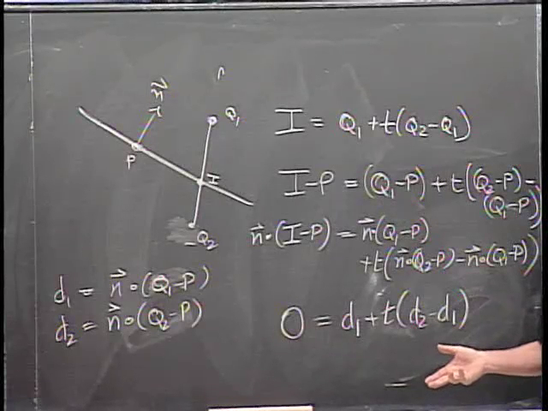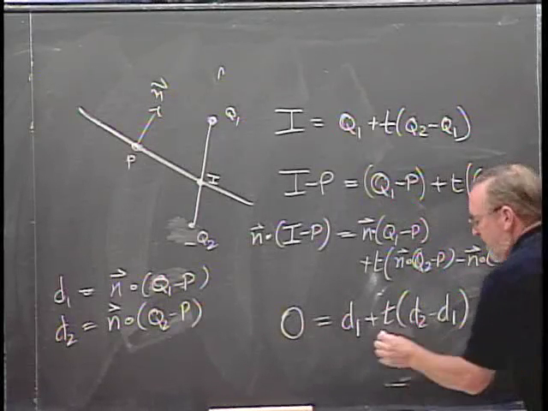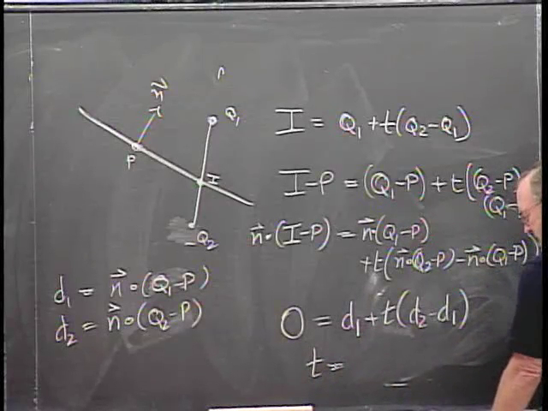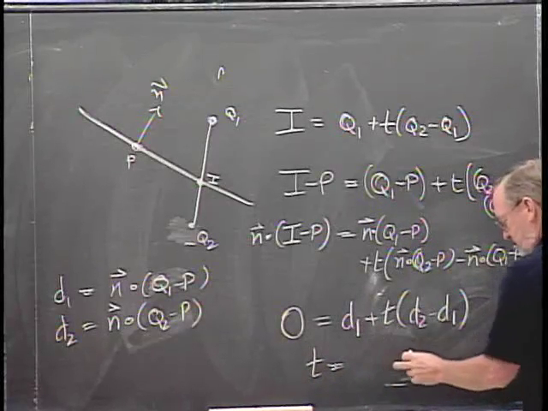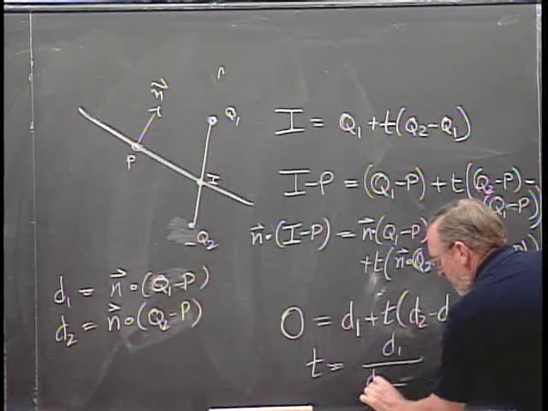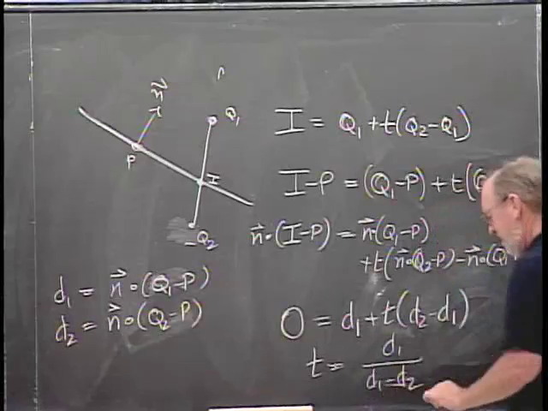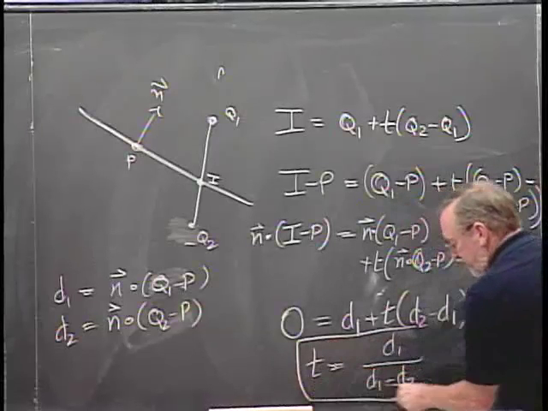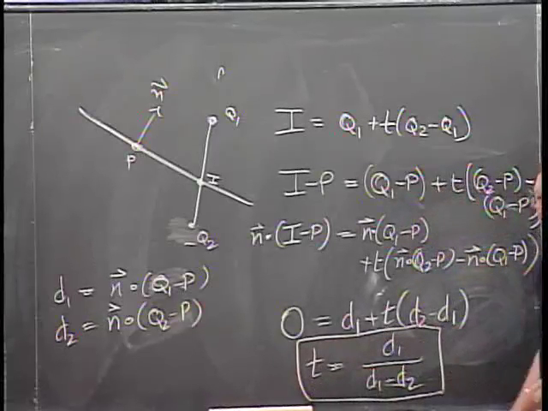So you get out of this that T is equal to, I think it's D1 over D1 minus D2. I hope I threw minus signs around correctly. Okay? So I can figure out T, which is actually kind of cool.